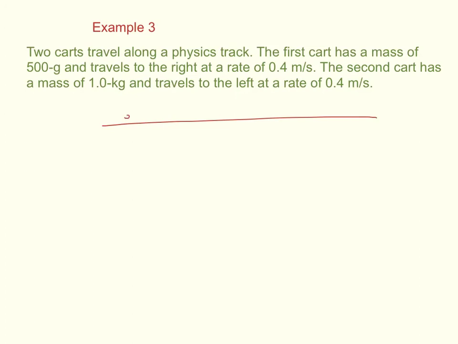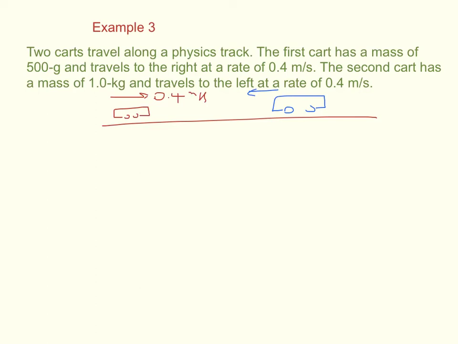So we have one cart traveling to the right at a speed of 0.4. And then we have another cart traveling to the left, and this one's a bigger cart, traveling to the left at 0.4.